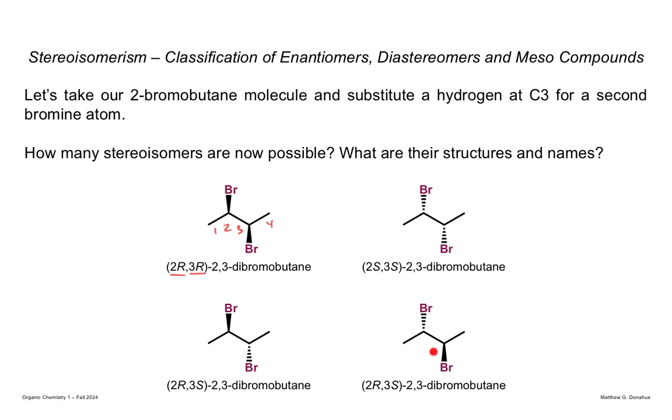So if this compound to the right was a true enantiomer, this should say 2S, 3R. But notice how they have the same designations. So what I hope to convince you of is these are actually the same molecule. So they're identical. They're not mirror images.